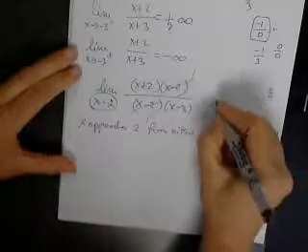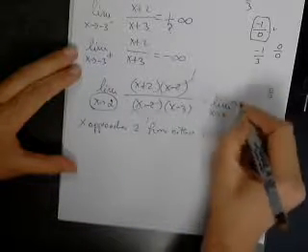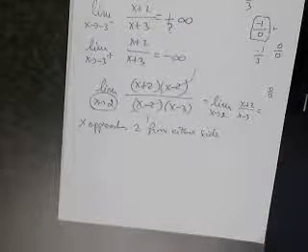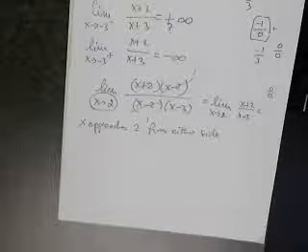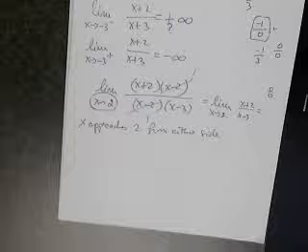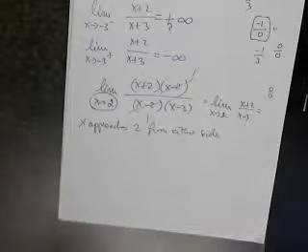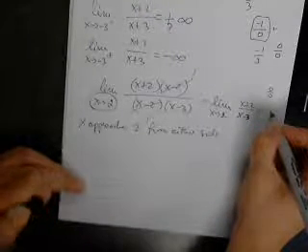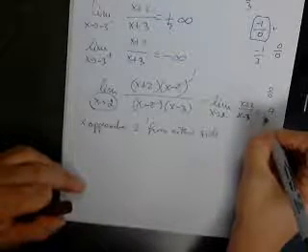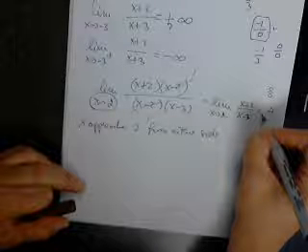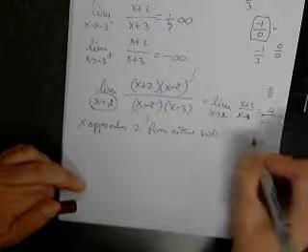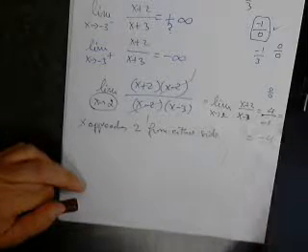So now the limit becomes x approaches 2 of x plus 2 over x minus 3. And what does it equal to? Yes? So the limit is negative 4.